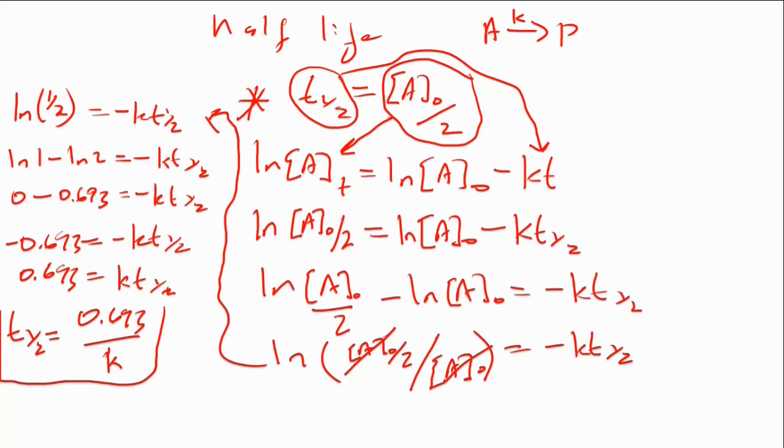What it means is that if somebody tells you the half-life, you could calculate the rate constant for a first order reaction. You can also realize that the half-life of a first order process is a constant. It does not contain concentration or anything like that. So the half-life for a first order reaction is a constant, because the rate constant is a constant at a given temperature.